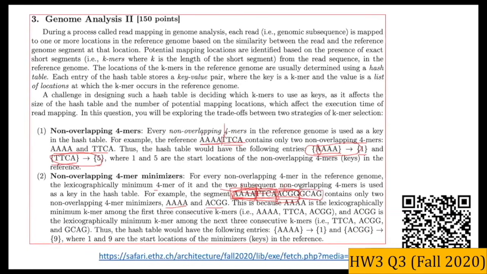Now we sort them and pick the minimum as a minimizer, which is ACGG. I hope this is clear. This is exactly what we store in the hash table: the k-mer itself and the start location of each k-mer. Here it's 9 and here it's 1.